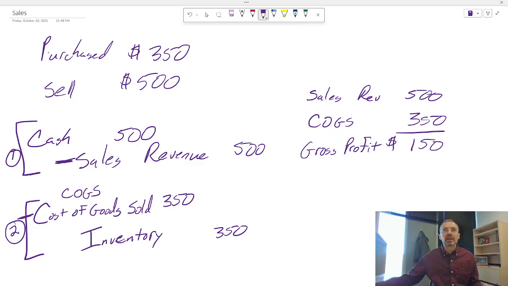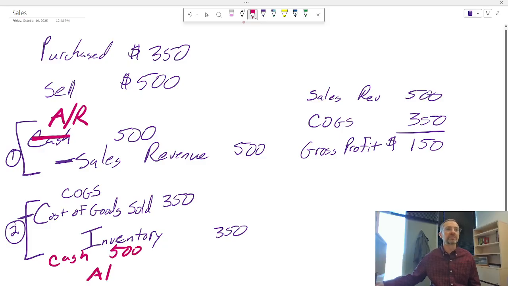So we might have customers that aren't actually paying us cash right now. Instead, they are buying it on account. So instead of cash, we're going to put accounts receivable there. And then when we actually collect the money from the customer, we get the cash of $500 and credit accounts receivable of $500.